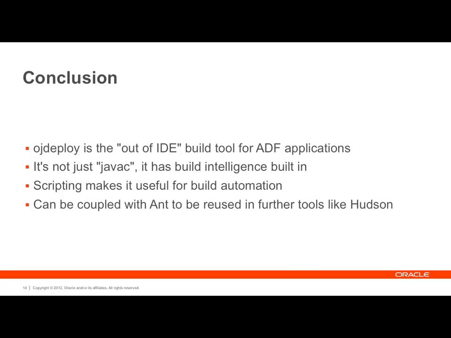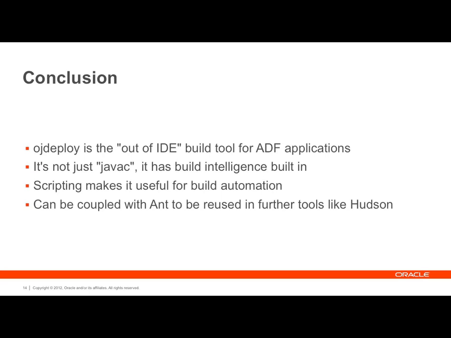In particular, where ojdeploy becomes really important is that it allows you to automate your builds and take the build process out of the hands of your developers. Now, your developers are all good and fine, but when they start making mistakes, and we know human error creeps into building applications all the time, this is a problem.